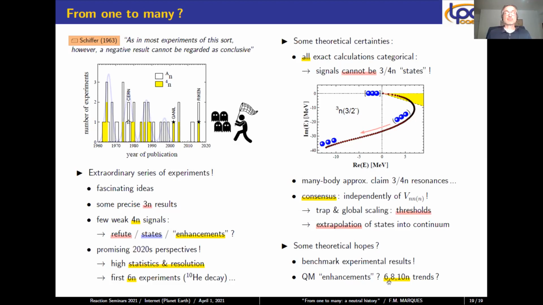And also, something that is not possible in experiments today, that maybe can reach the 6-neutron system, the theory can go further much faster. So maybe the theory could tell us what is the trend in the binding of these 6, 8, and 10-neutron systems. And maybe with this combination of results, we could do a significant step forward in the field.